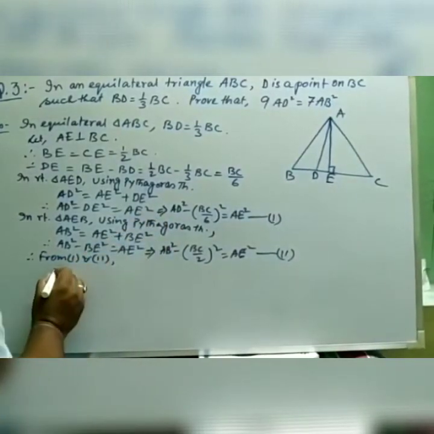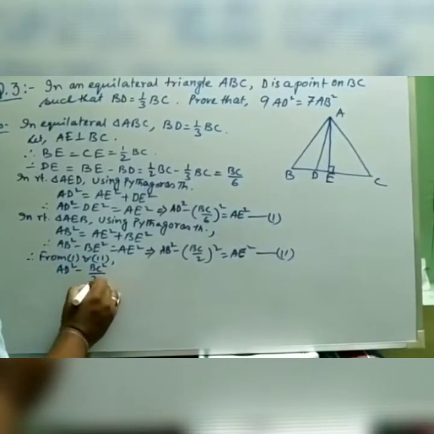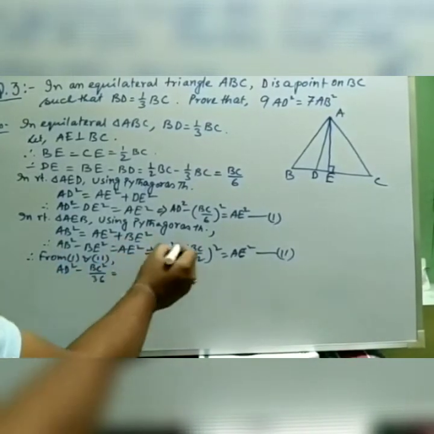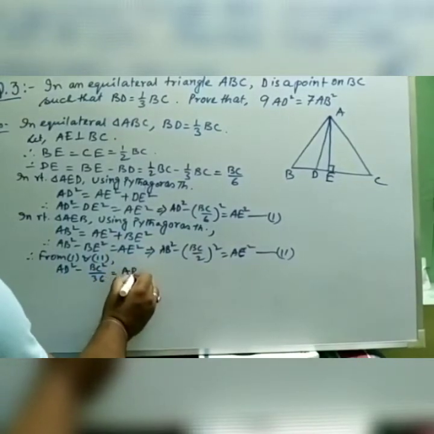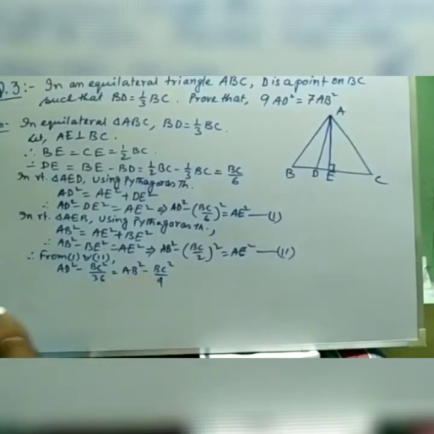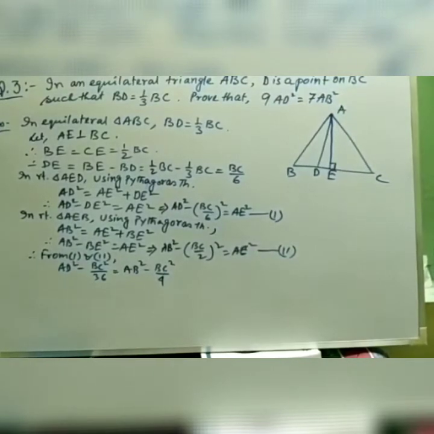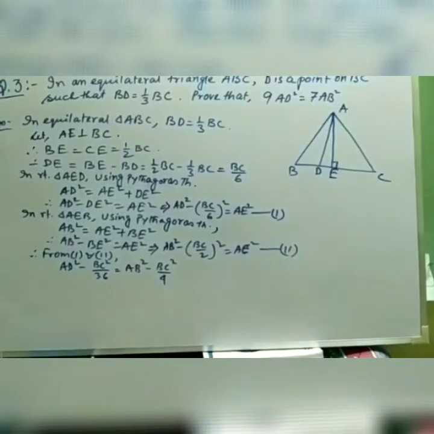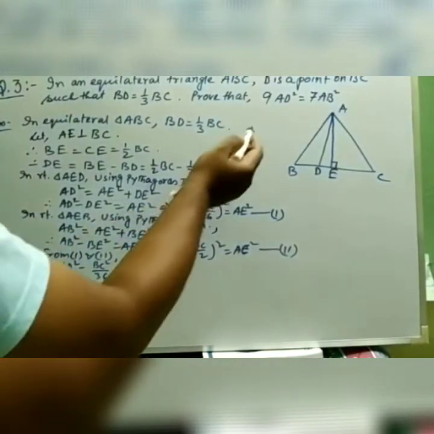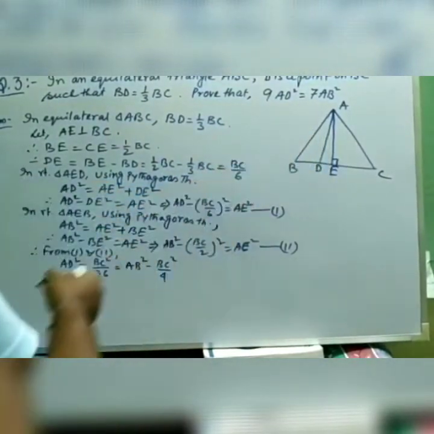What are we getting? AD square minus BC square by 36, that is (BC by 6) whole square, equals AB square minus BC square by 4. Now we will shift this BC square to the right side. You know that triangle ABC is an equilateral triangle, so all three sides AB, BC and AC are equal.